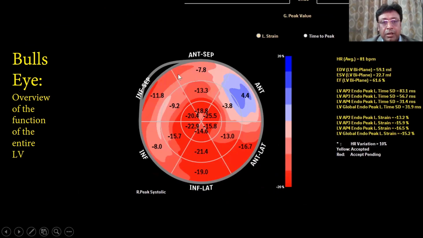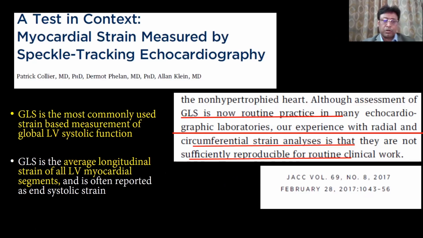The bullseye shows the basal, mid, and apical zones, and the entire picture gives you an idea of overall myocardial function in the different zones of the base, mid, and apex. The most important number here is the LV global peak strain, which is minus 15.2%, slightly less than normal. We'll come to what is a normal range for global longitudinal strain.